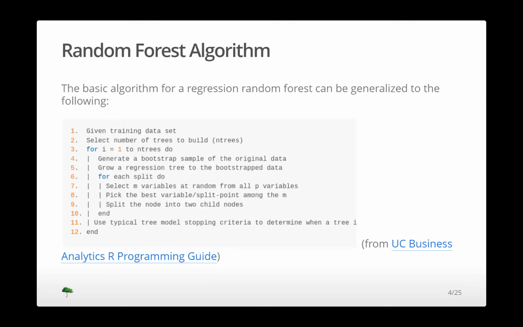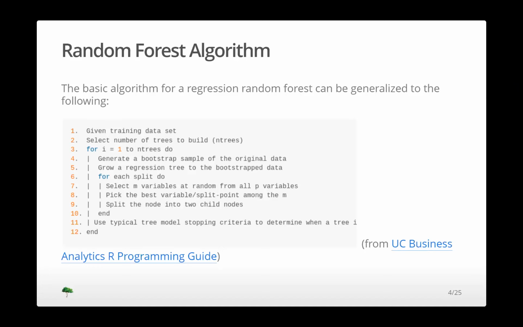So given a training data set, you want to select the number of trees to build. This you can specify as a parameter in the model. And then for each of those trees, you generate a bootstrap sample of the data. So you take a subsample of that data. You grow a regression tree on that subsample of the data. And in that tree, for each split, you select M variables. So you select a subset of variables at random from all the variables that are available to you.